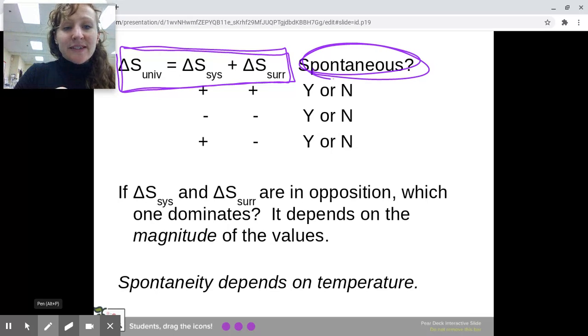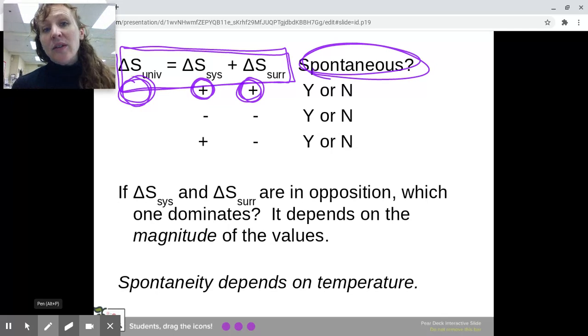And so if the sign of entropy of the system is positive and the sign of entropy of the surroundings is also positive, then what's the sign of entropy of the universe? Now, again, they don't give you magnitude, and so you have to consider all possible magnitudes. But if entropy of the system is positive, it could be 0.00001, or it could be 1, or it could be 100, or it could be a billion.